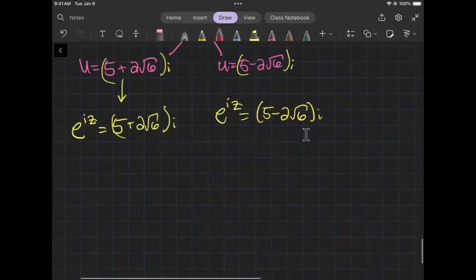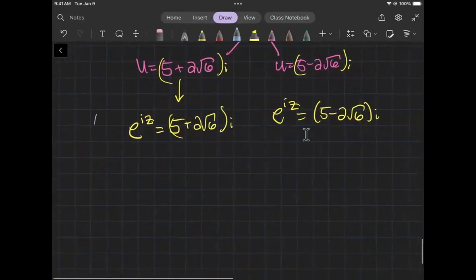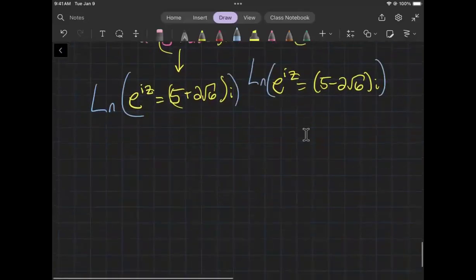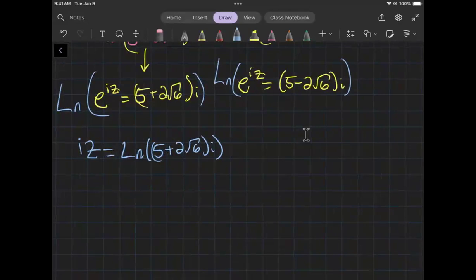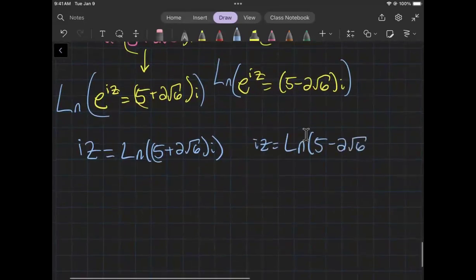And if we take the principal logarithm of both sides, we'll have i times z equal to the natural log of 5 plus 2 root 6 times i. Then i times z is equal to the same with the other value, 5 minus 2 root 6 times i.